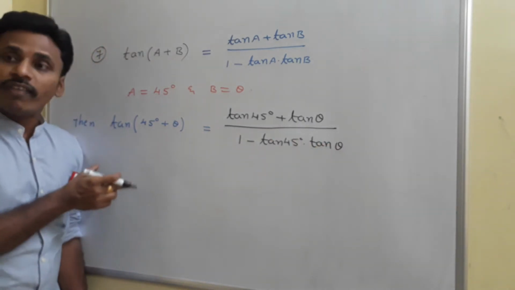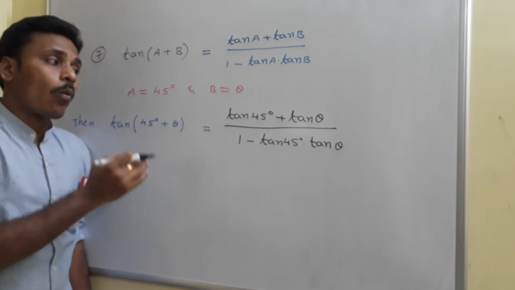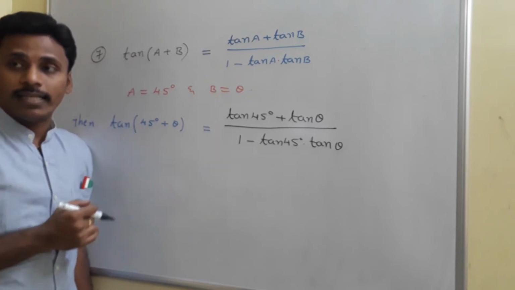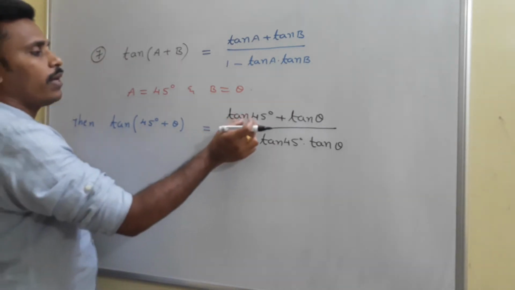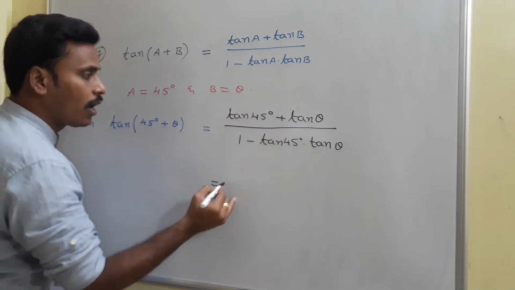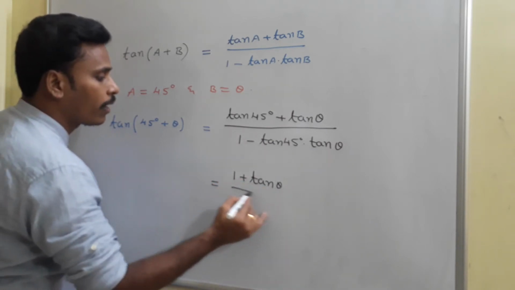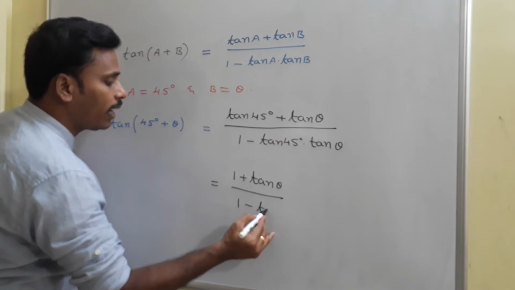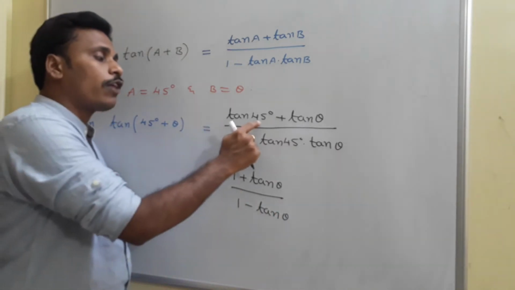So tan of 45 plus theta is tan 45 plus tan theta by 1 minus tan 45 into tan theta. We know that tan 45 degrees is 1. You just replace tan 45 degrees with 1 and you will get 1 plus tan theta divided by 1 minus tan theta. Is it clear why tan 45 is 1?